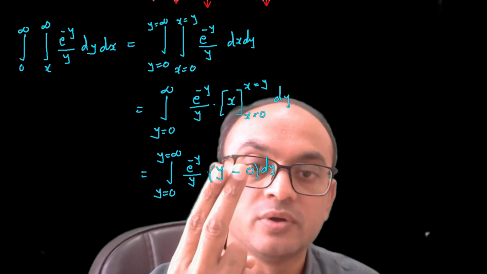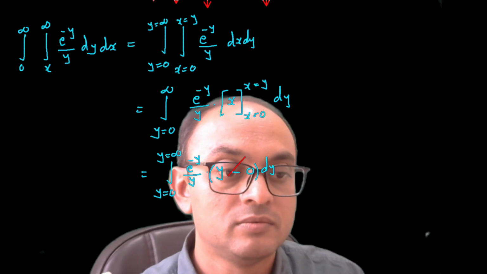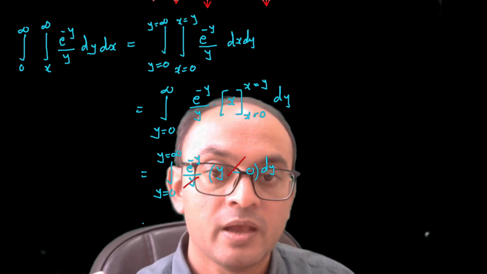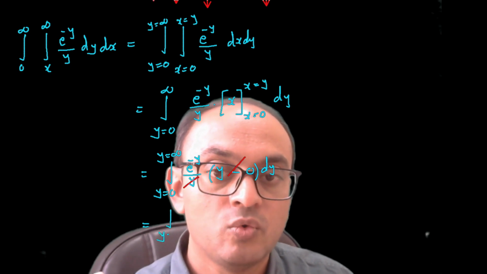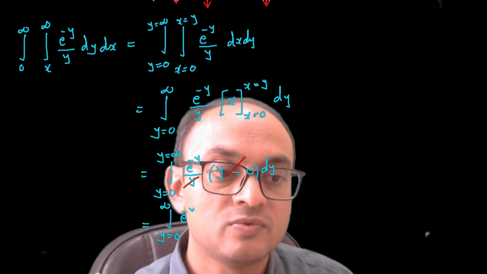What is y minus 0? It is y, so y minus 0 and this y are cancelled out. So the remaining quantity is only integration y is equal to 0 to infinity e raised to minus y dy.